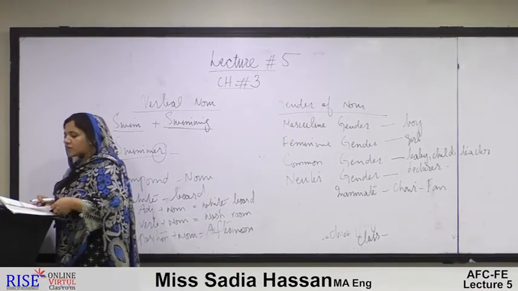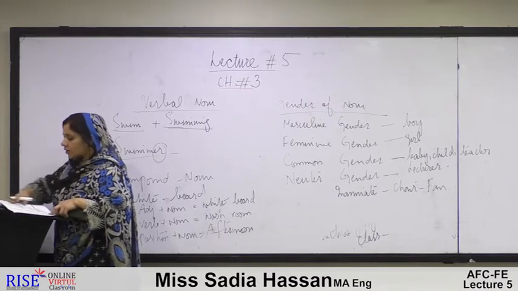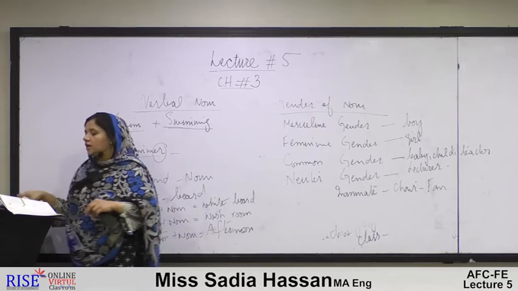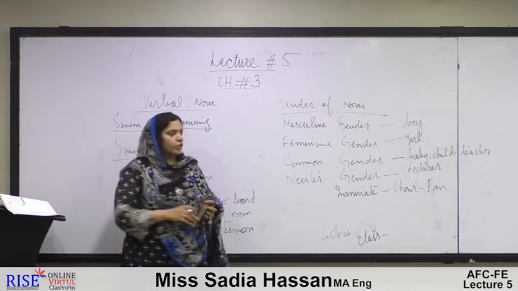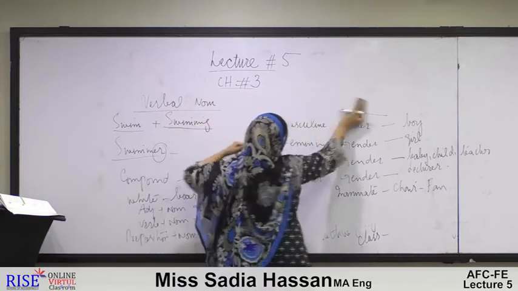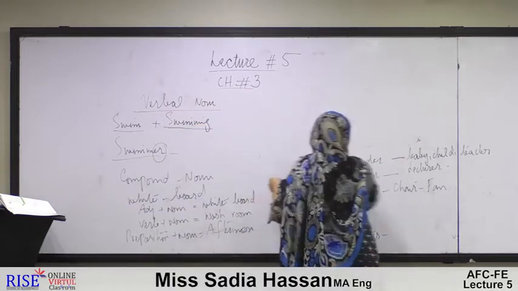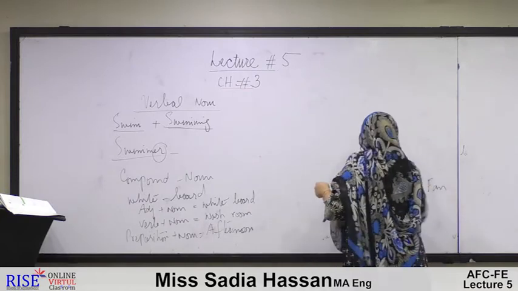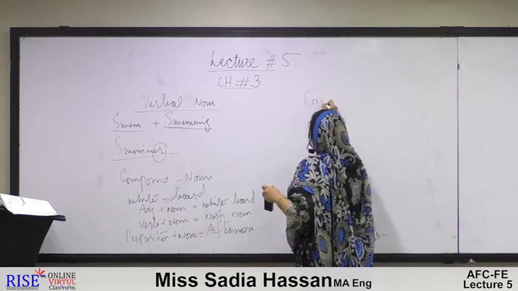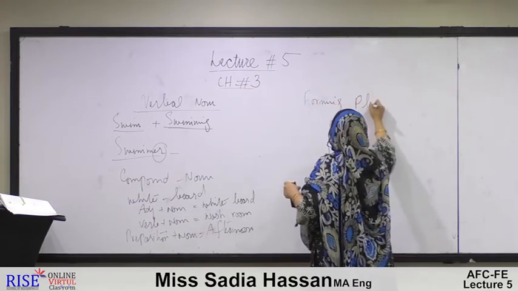Again, we have some type of noun that is called on the basis of their numbers, which is also known as forming plurals or number of noun. How do we construct the plurals of a singular noun? We also call it forming plurals.